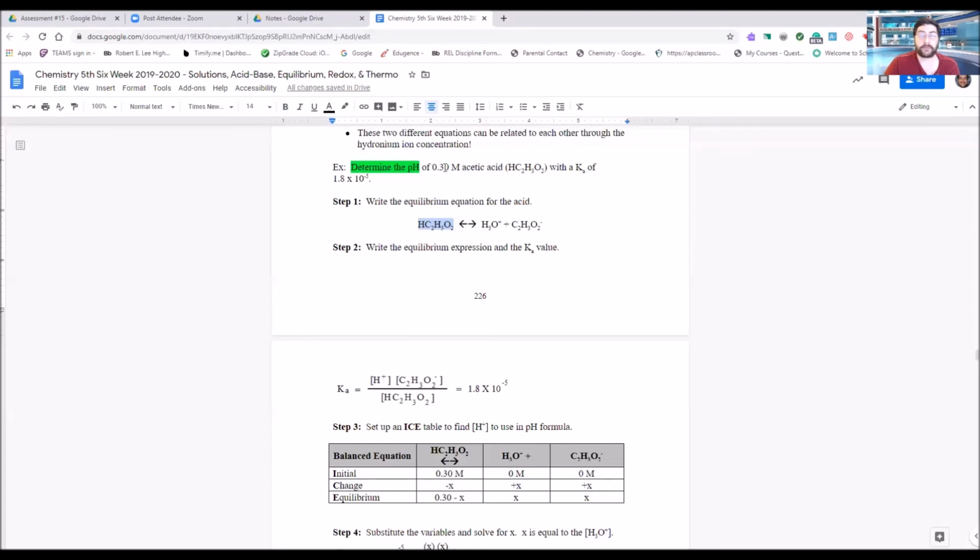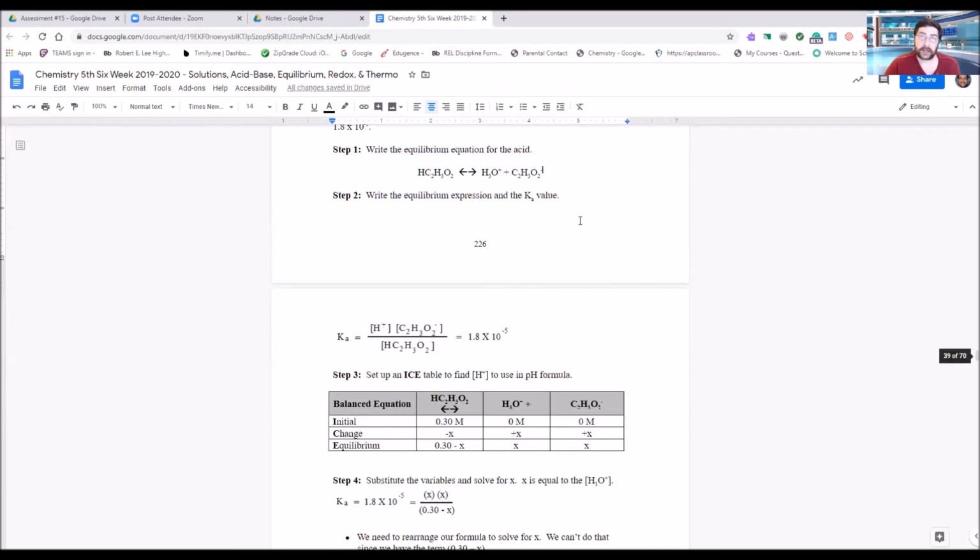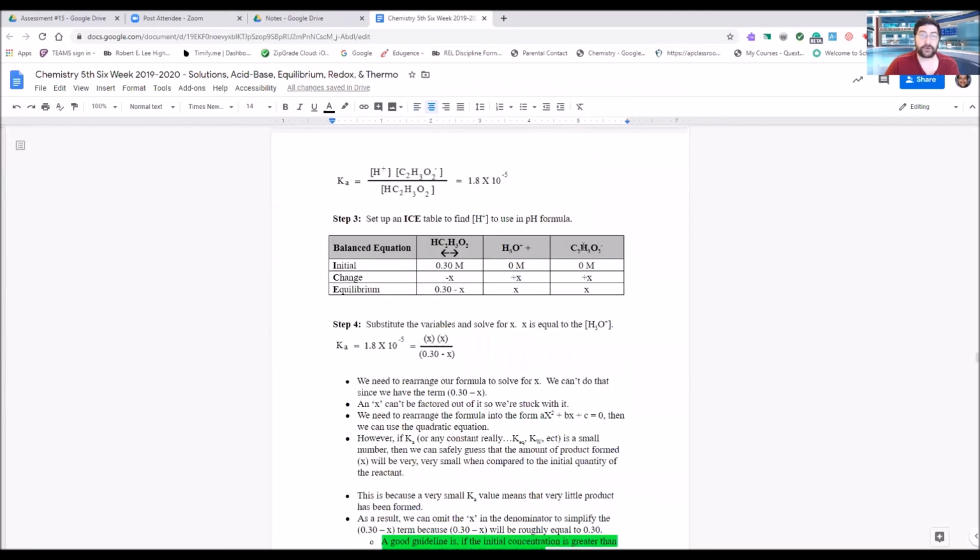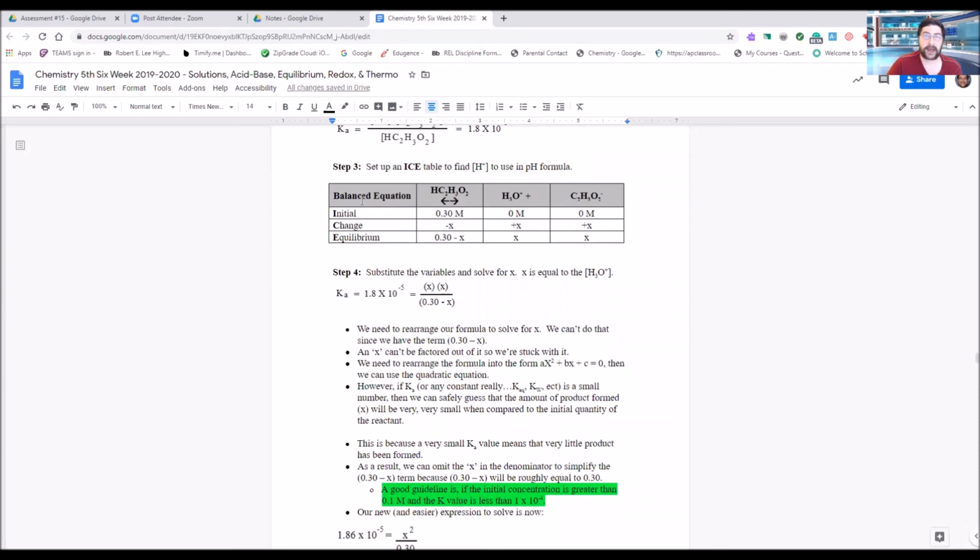So while some of this 0.3 molar concentration is going to decrease for the acetic acid, while the hydronium ion concentration increases, it's not all going to get used up. So we have to figure out what concentration the hydronium ion is going to be, and then plug that into our negative log formula.